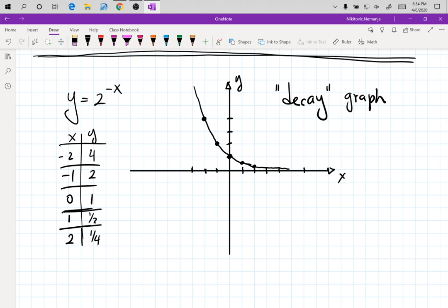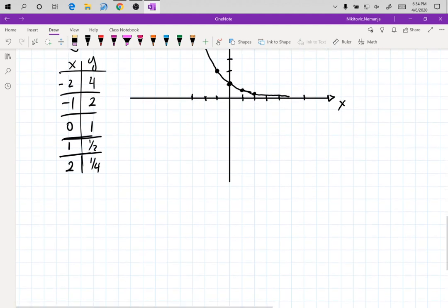So we have the decay, and the best way to describe these functions is to say y equals b to the kx.